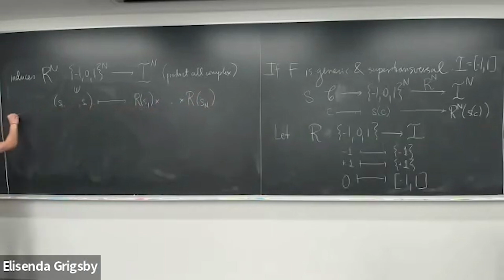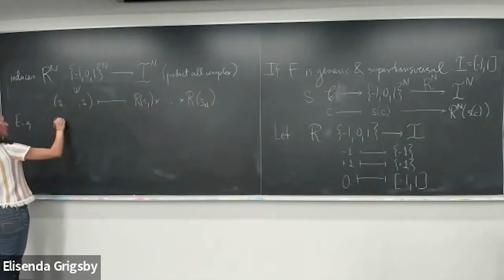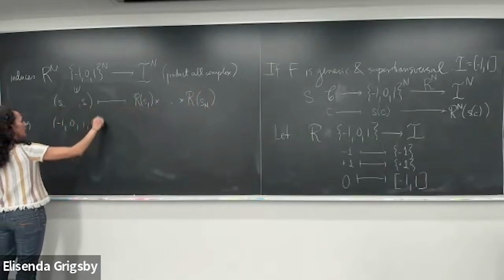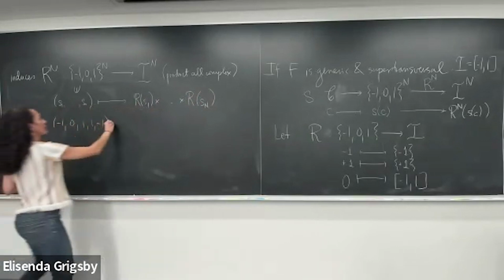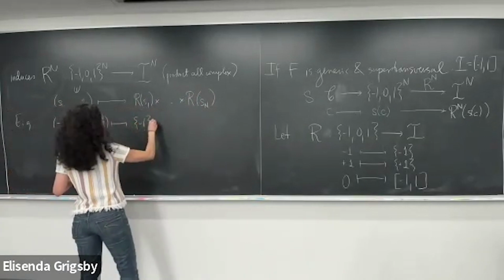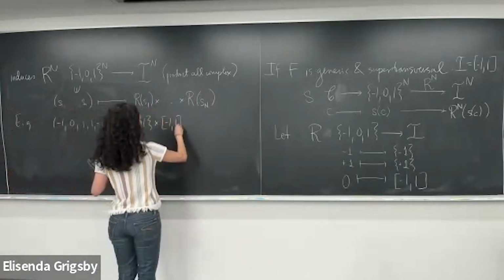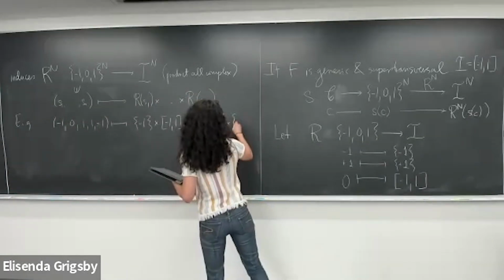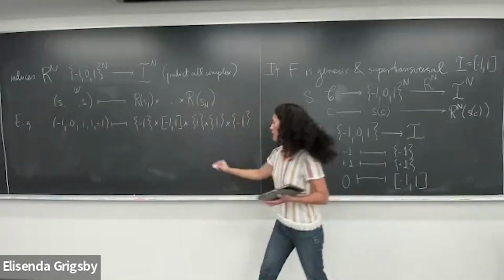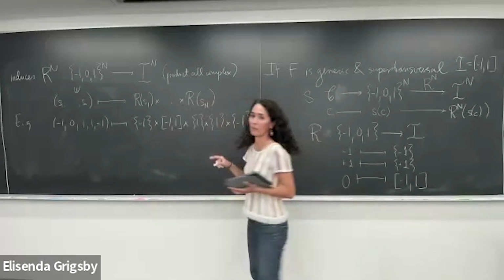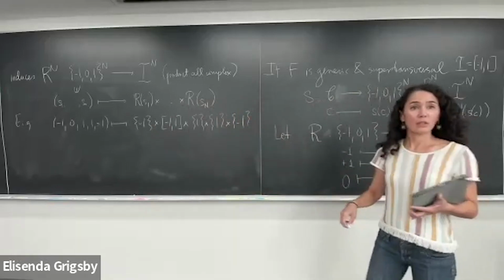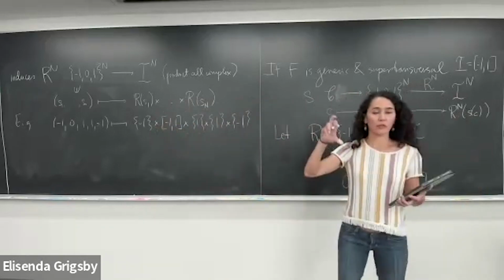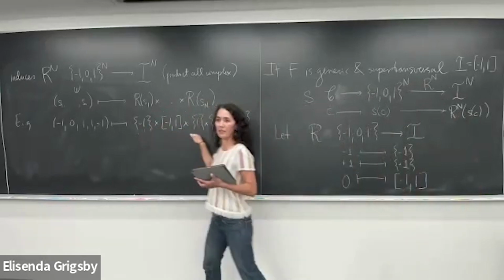So for example, if you had negative 1, comma 0, comma 1, comma 1, or negative 1, you would just send this to negative 1 cross, negative 1 cross. And this sits naturally inside this 2, 3, 4, 5 dimensional cube. And this is one dimensional inside there. It's the interval sitting at this level.